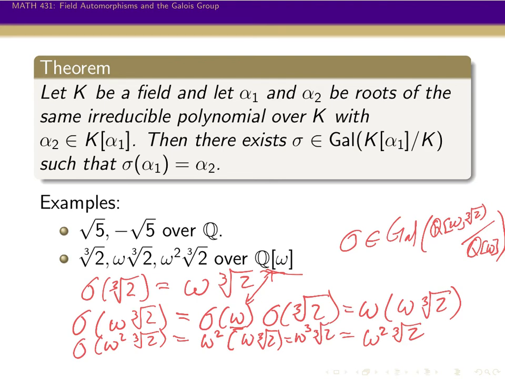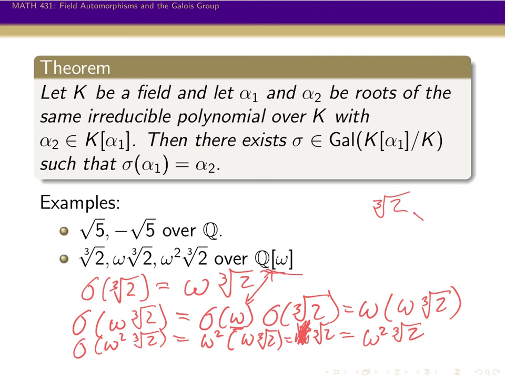And so omega cubed cube root of 2, well, omega is a cube root of unity, so if we cube it, this is just 1. And so that disappears, and we end up just with cube root of 2. So let's think about what this sigma is doing as a permutation on these roots.